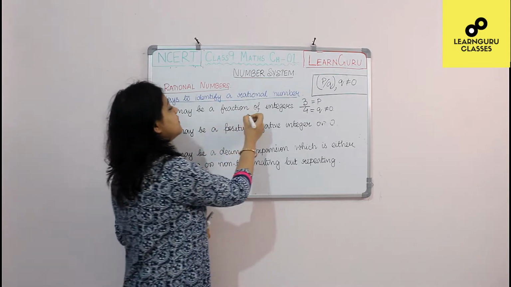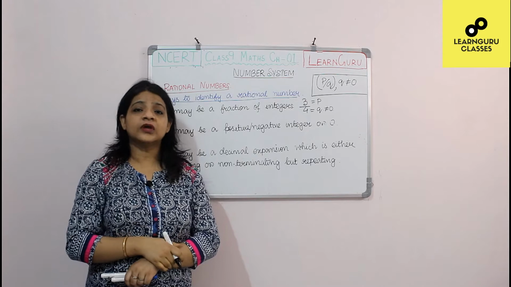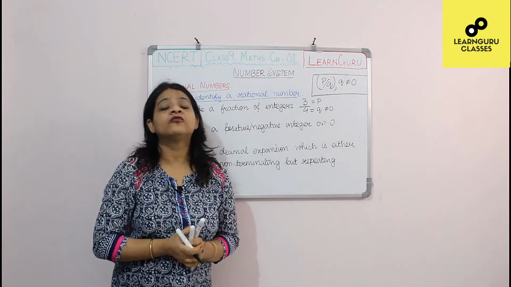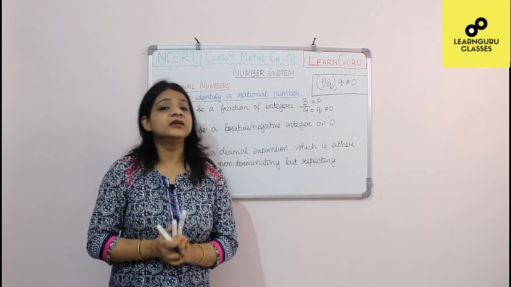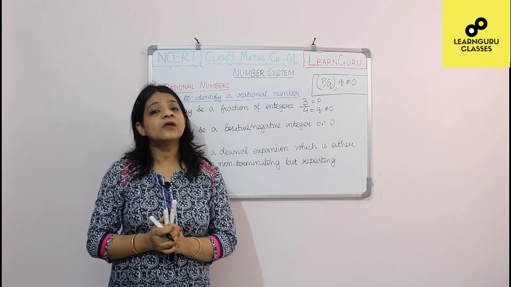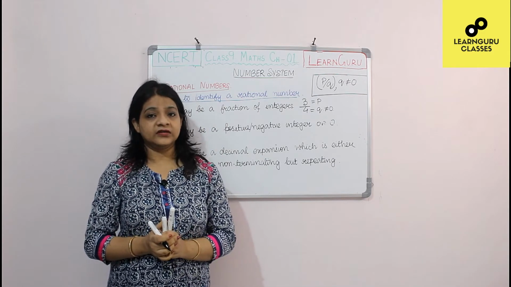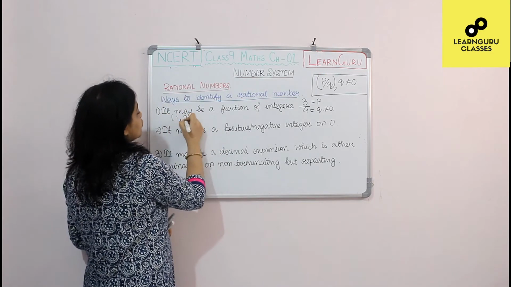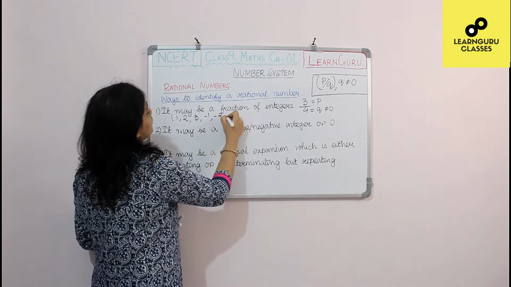But what is written? Fraction of integers. If you try to remember the last video, I told you that rational numbers are also divided into integers. Integers may be positive or negative. What are examples of integers? 1, 2, 3, and -1, -2, -3.